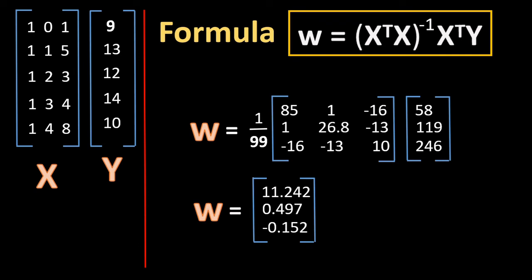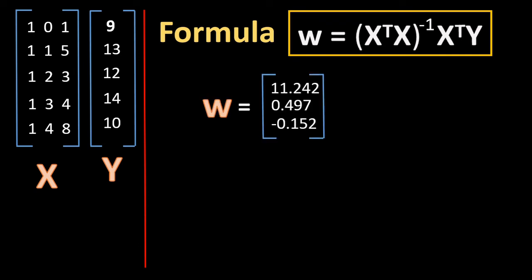The first value in the column of W is w0, the next term is w1 and the last value is w2. This is the optimum value of W that we have obtained using the multiple linear regression model.